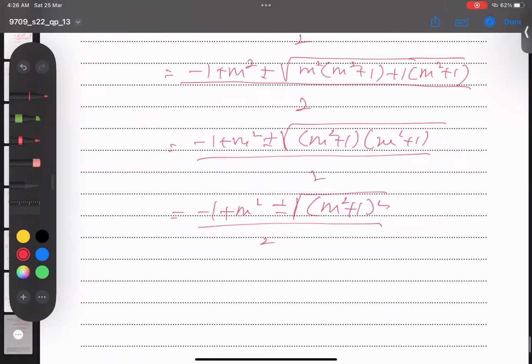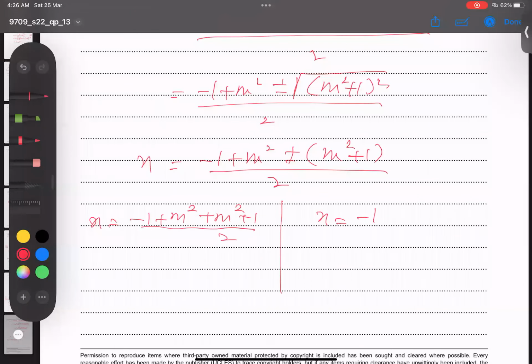So here I'm getting m square plus 1 to power 2, and all of you know the power 2 and the root cancel out. I get 1 times plus and minus m square plus 1 over 2. Now these are the x values. I get the x values: minus 1 plus m to power 2 by 2, I hope you understand what is going on, and minus m square minus 1 over 2. Here the 1 and 1 cancel out.